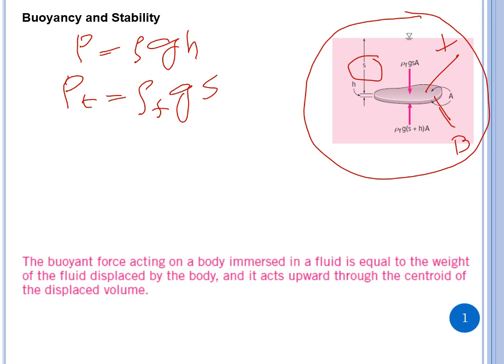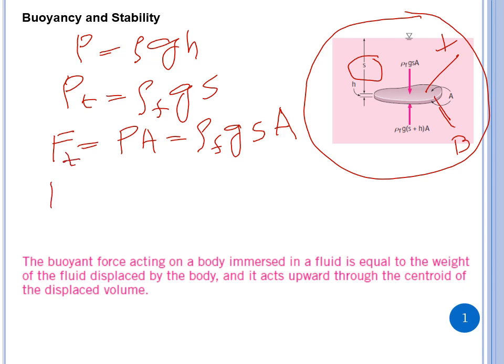And we know the force is basically pressure times area, so it is going to be rho f g s times A, and this is the force at the top surface.